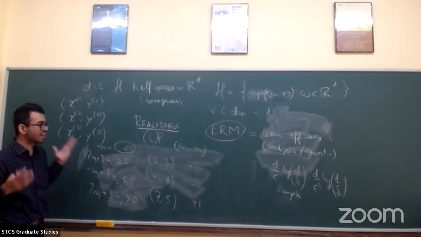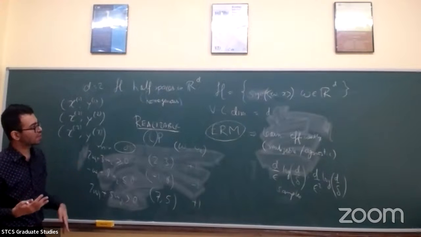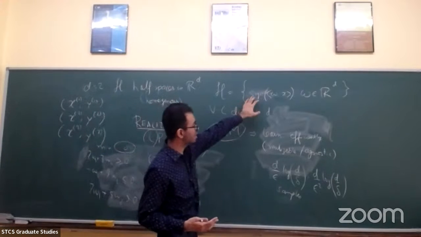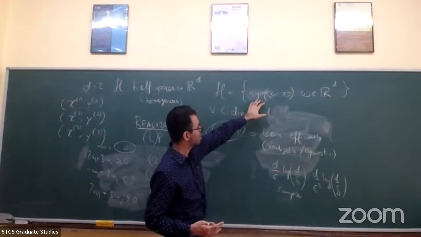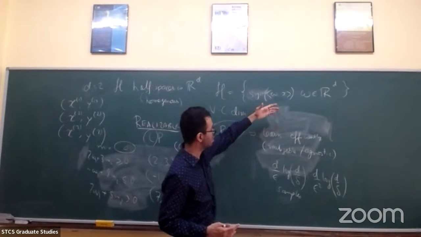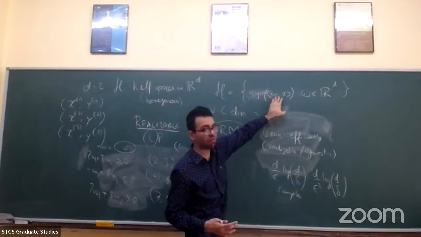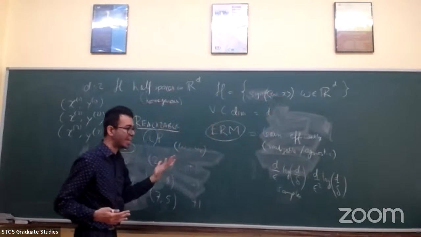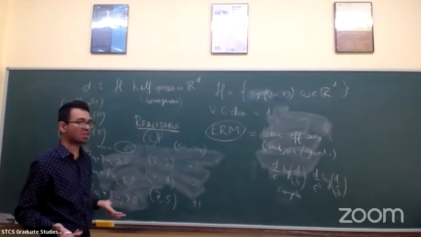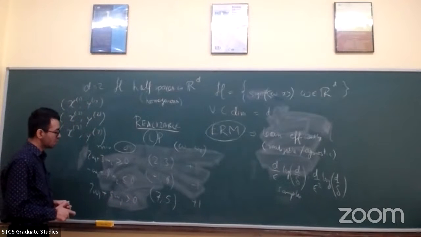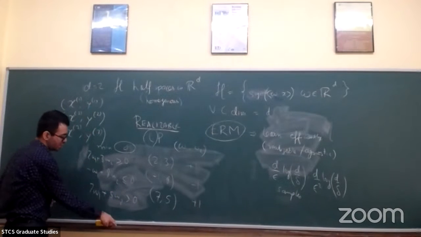Let's say that in this sign function, you really want that for a positive example, if the label is positive, then W dot X should actually be positive, and if the label is negative, W dot X should actually be negative. Then you need strict inequalities.